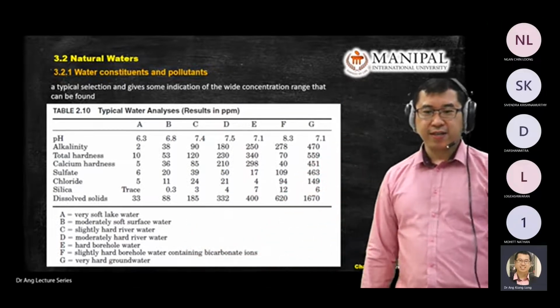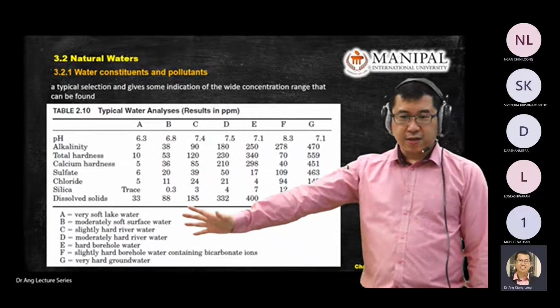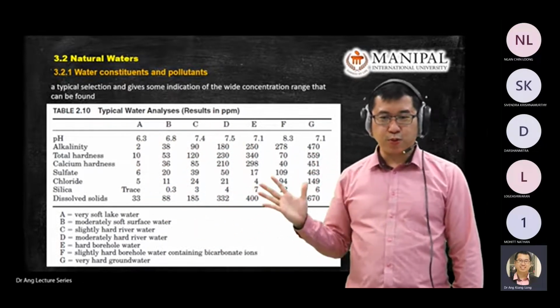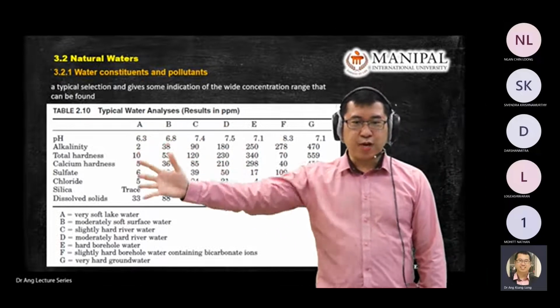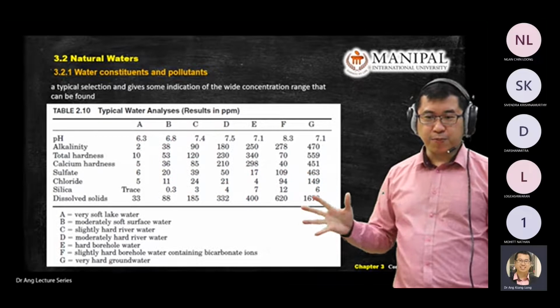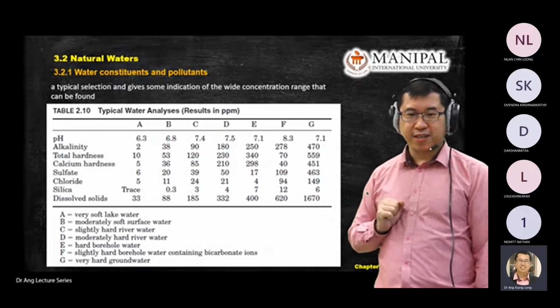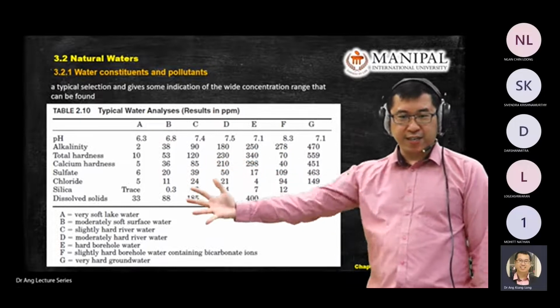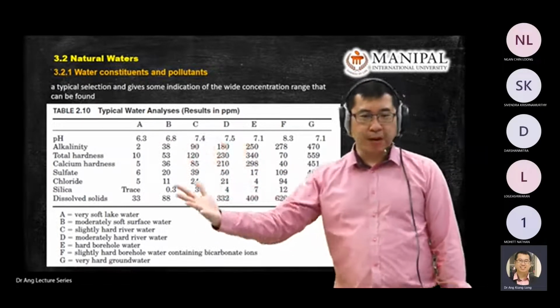Okay. Any one of you who doesn't understand this, you don't know how to read this table, you need more explanation, then I can explain. Any one of you having difficulties reading this table, or you don't know how to apply this table?